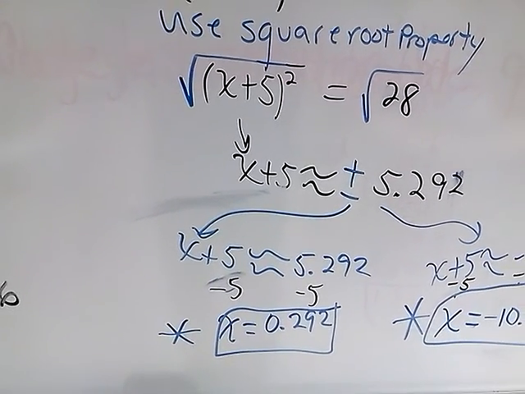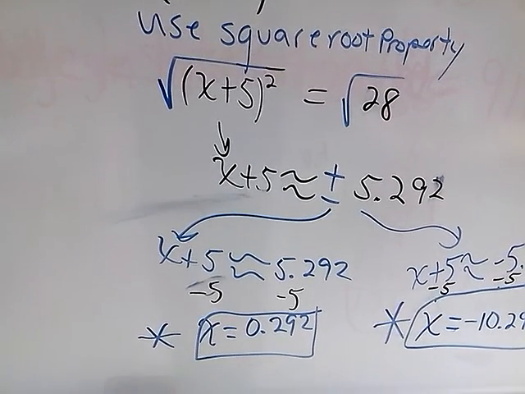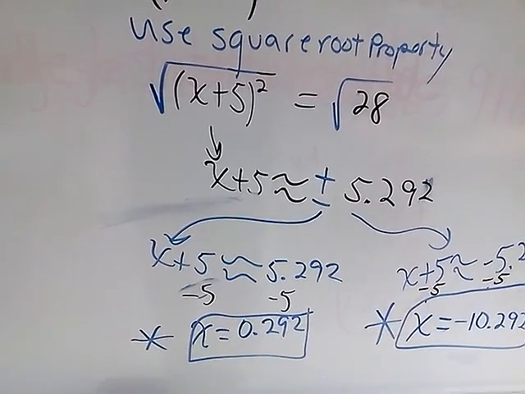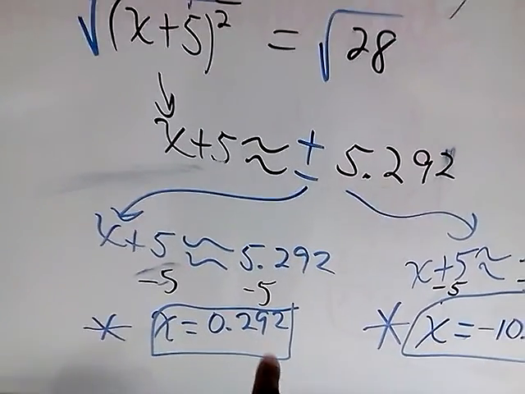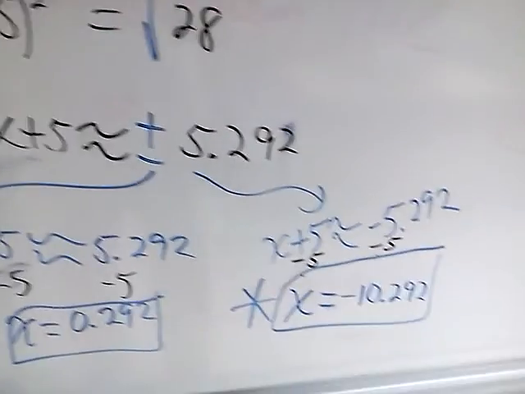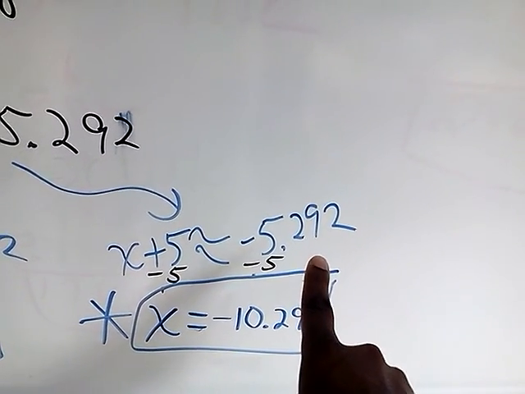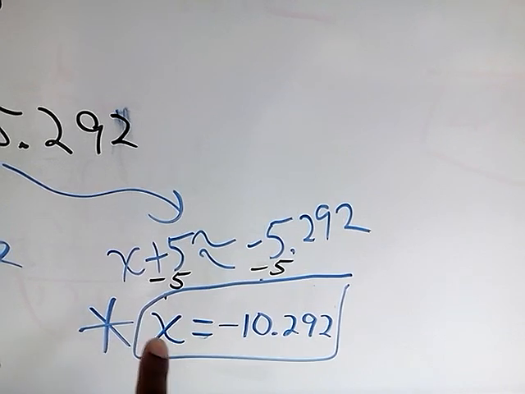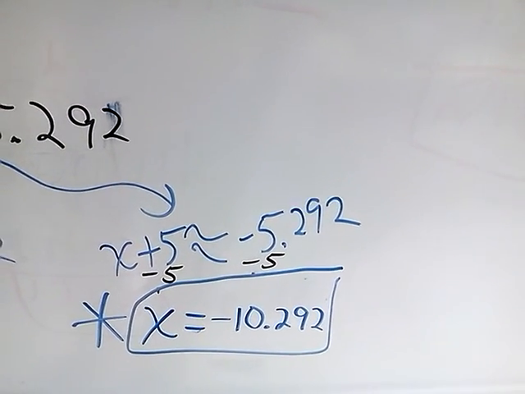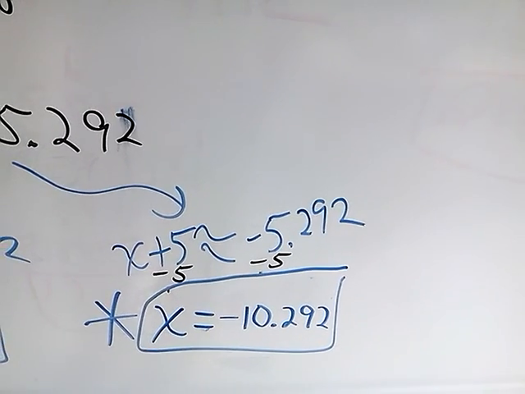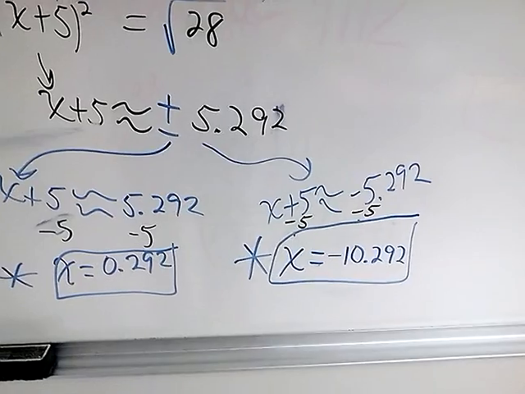The first equation, we write with the positive 5.292 and subtract our 5 on both sides to get x is equal to 0.292. And then on the other side here, we use our negative 5.292, subtracting our 5 on both sides to get x is equal to negative 10.292. And we have our x-intercepts there.